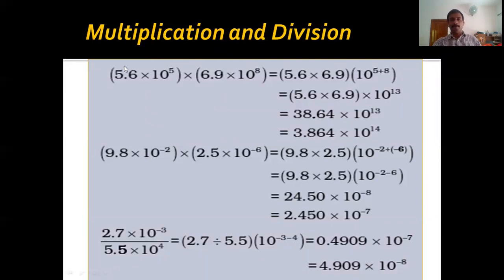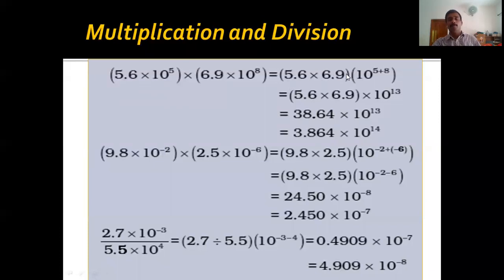Multiplication. Here, see the example, 5.6 into 10 raised to 5 into 6.9 into 10 raised to 8. These two are given in scientific notation. Here, for the multiplication, you have to multiply the integer part, 5.6 into 6.9.